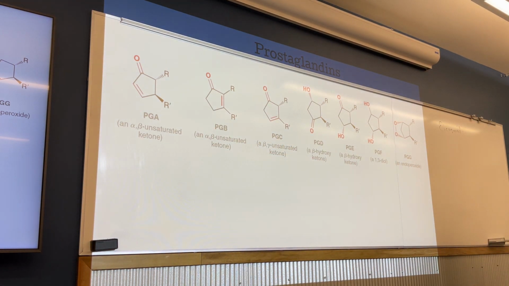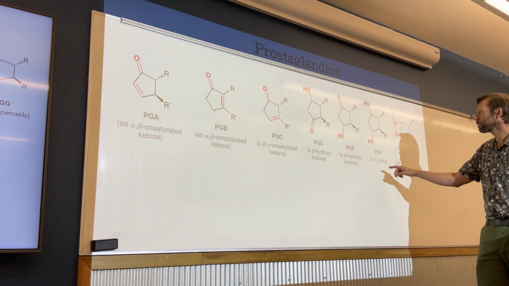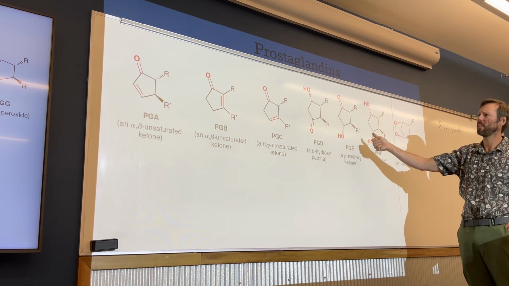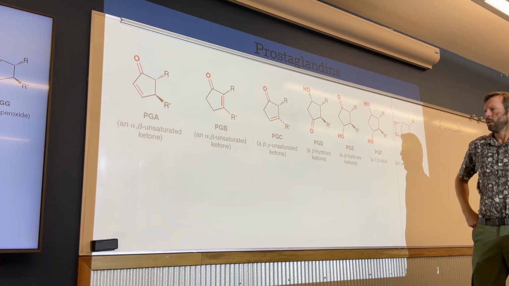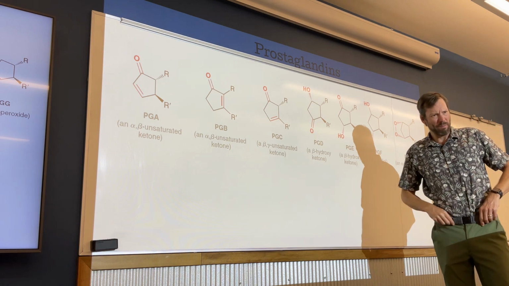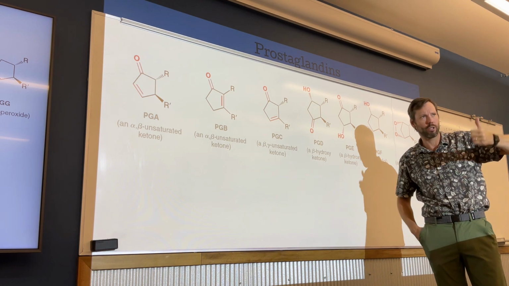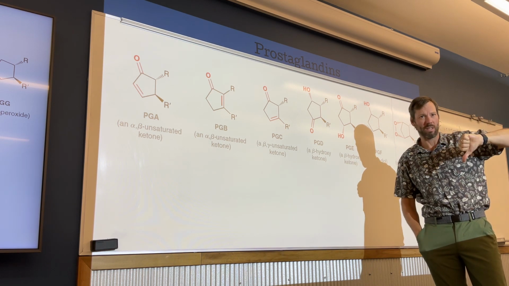What do the alpha and beta refer to in these little descriptions? So whether or not it's pointing up or down. With sugars, did we talk about alpha and beta with sugars, right? If the OH group for a sugar is pointing up, it's beta. If it's pointing down, it's alpha.